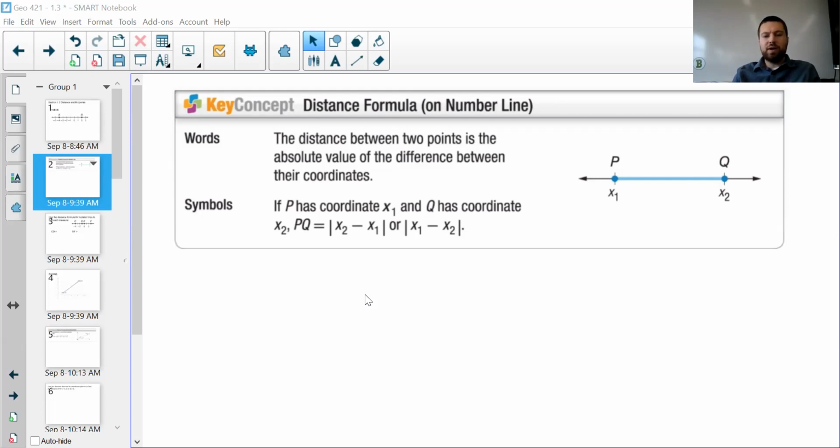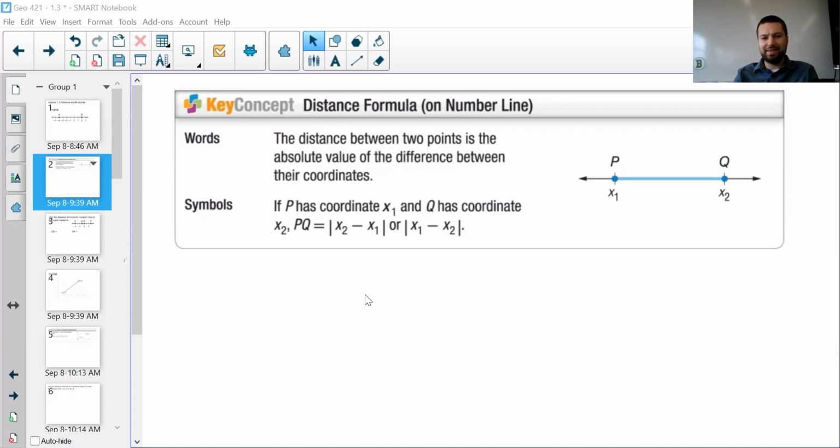So when we're talking about distance, it's important to note that distance does not have a direction, okay? It can have a direction, I mean, in the sense that maybe you're going north or south, but in terms of math, distance doesn't have a direction.